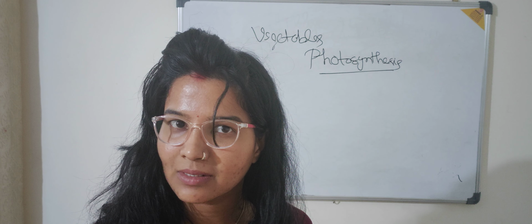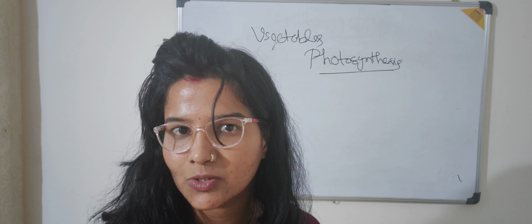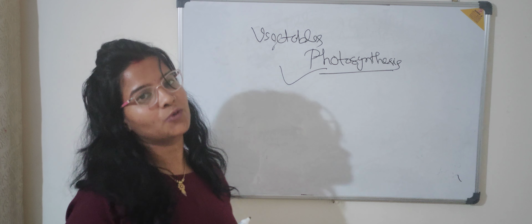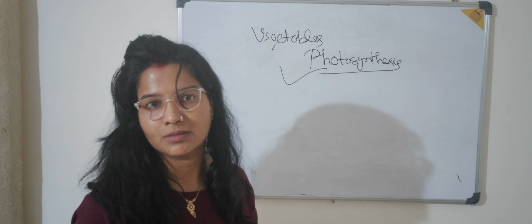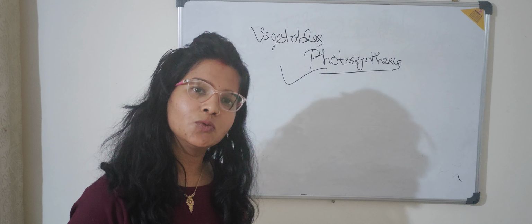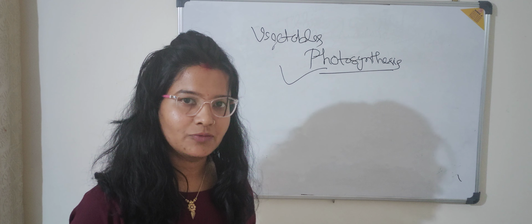form of vegetables, and we cook that food also, right? So what is photosynthesis? Photosynthesis is a process by which plants synthesize their own food in the form of glucose and liberate O2 for our oxygen, for our respiration. Okay?